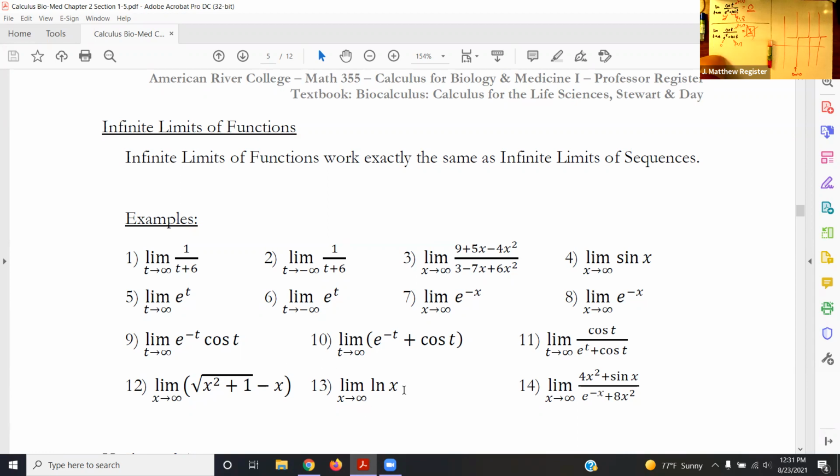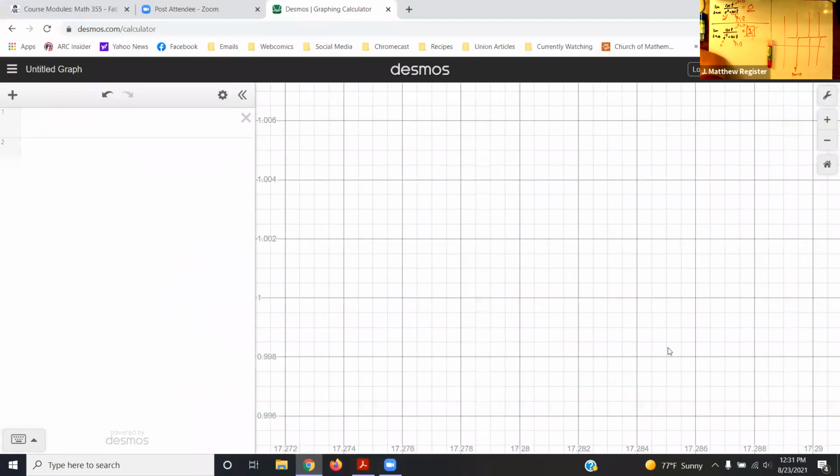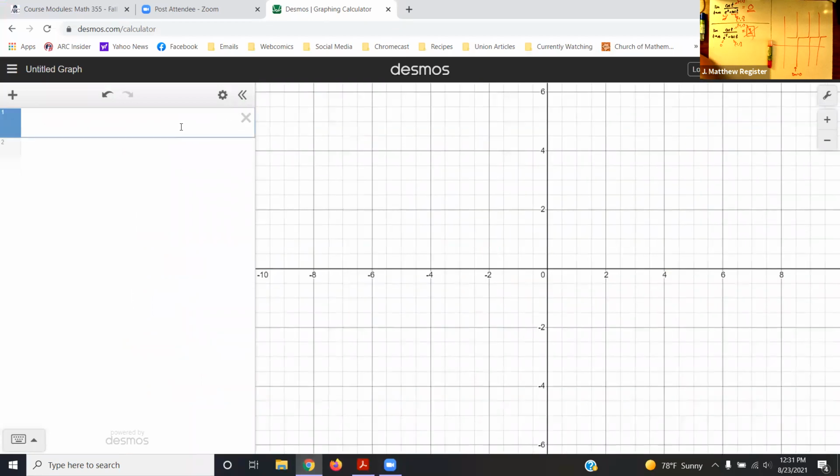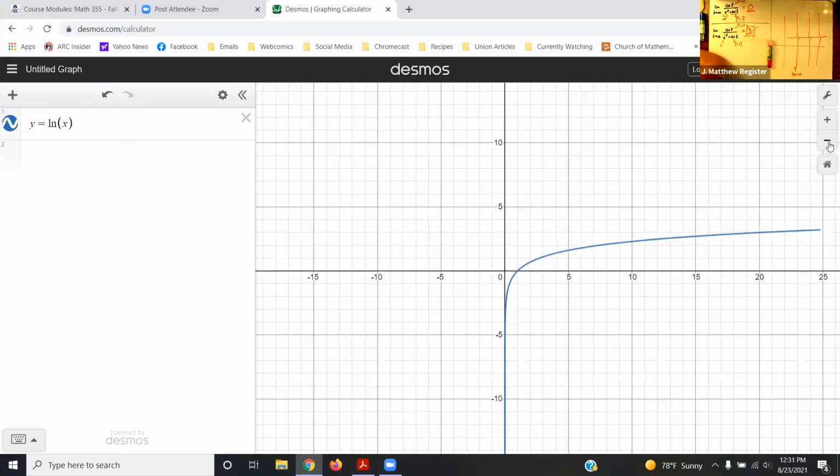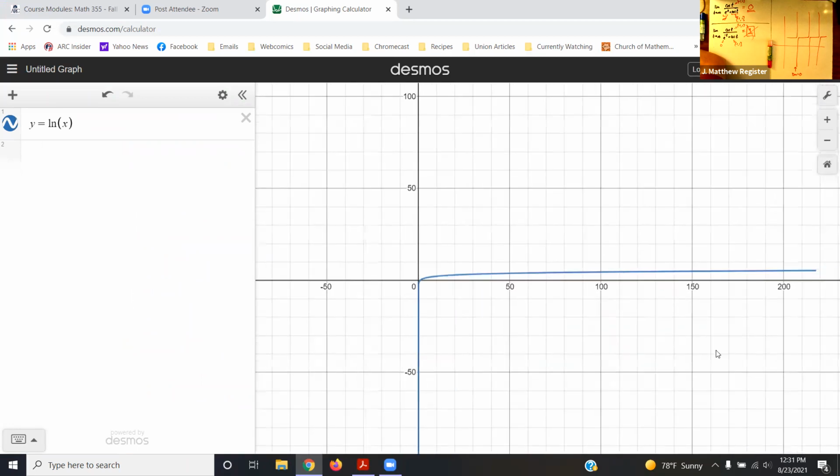The next one, the natural log of x. As x goes out to infinity, well, we know what the graph looks like. Let's see if I can make it so that it goes home. Y equals the natural log of x. In this case, it is a very, very slow function.